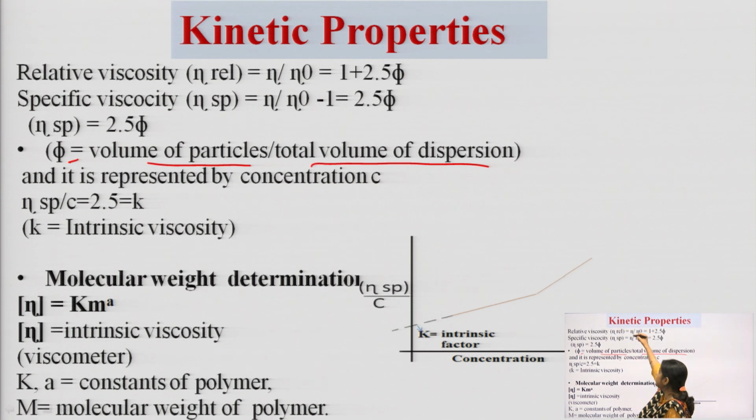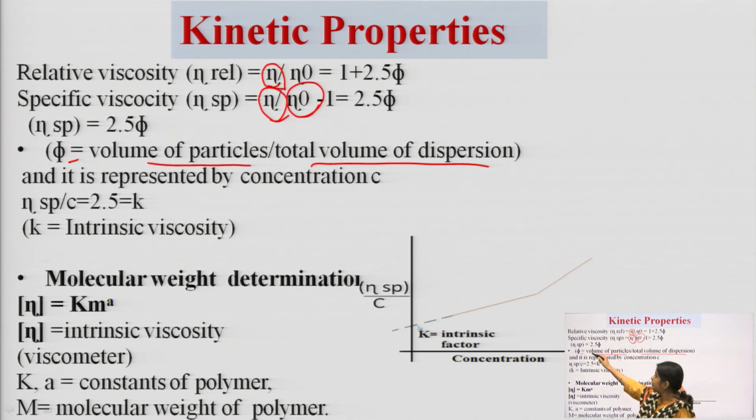Relative viscosity is equal to the viscosity of the colloidal preparation divided by the viscosity of the medium, which is equal to 1 plus 2.5 phi, and specific viscosity is equal to the viscosity of the dispersion divided by the viscosity of the medium minus 1, which is equal to 2.5 phi.